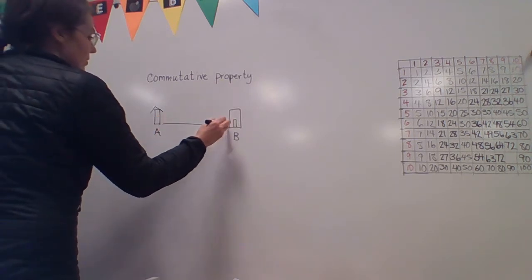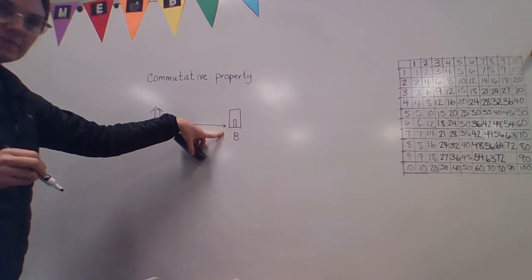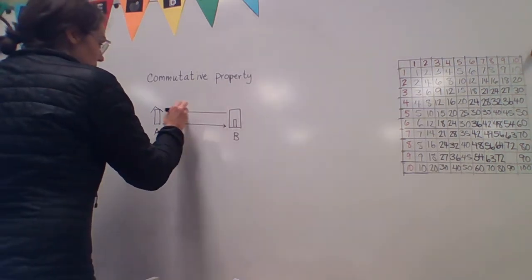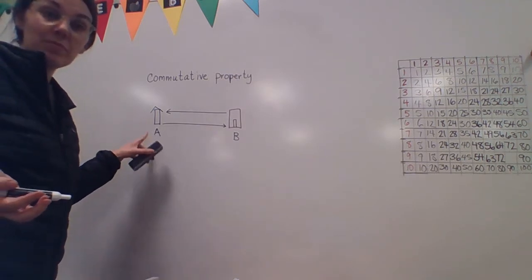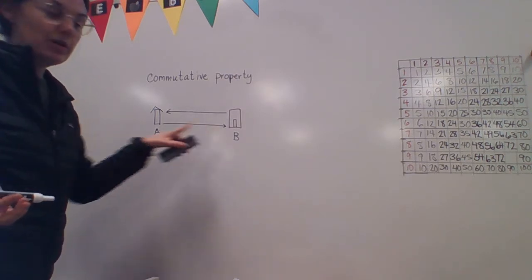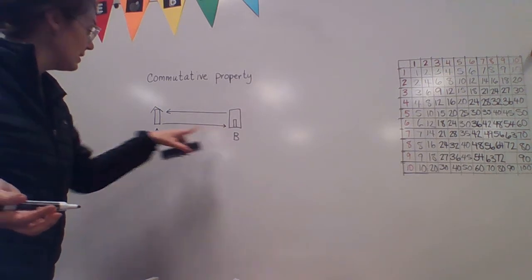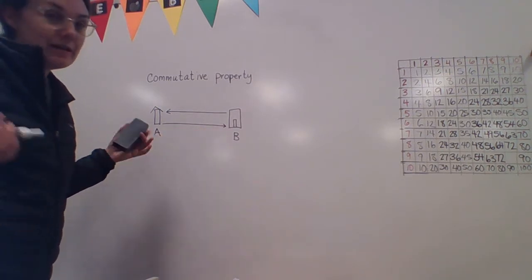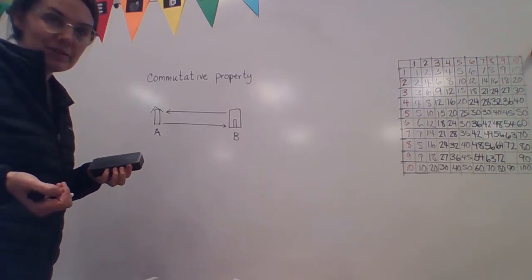If I'm going from home to work, I travel this distance. If I'm going from work to home, I still travel the same distance. So my commute from home to school, from point A to B, is going to be the same as going from B to A, from work to home. It doesn't matter which direction I go, I'm still traveling the same amount of distance.